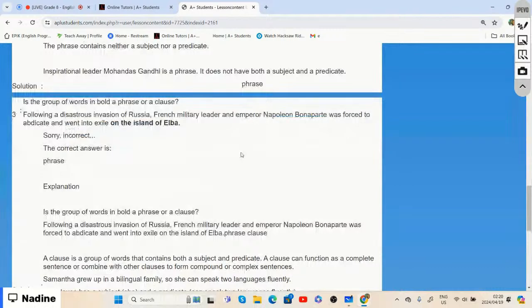Following the disastrous invasion of Russia, French military leader and Emperor Napoleon Bonaparte was forced to abdicate and went into exile on the island of Elba.